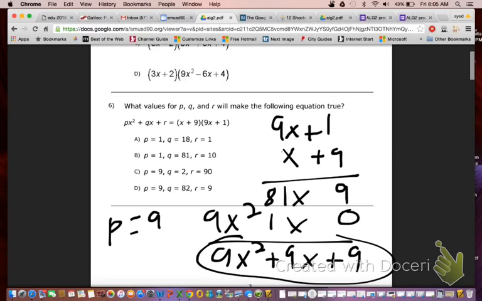Sorry, what am I talking about? This is 81 plus 1 is 82. So P equals 9, Q equals 82, and R equals 9. Only one of them has 82 for Q, so it has to be D. That's all it's saying: multiply it out and match the corresponding letters.